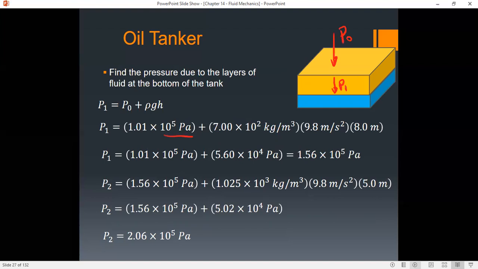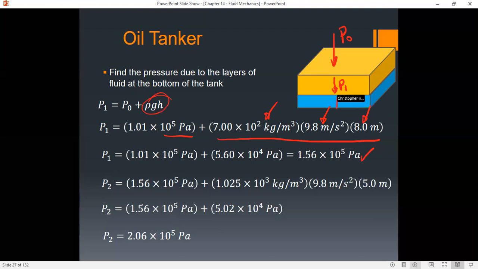That is from the weight of the oil, okay? Here's the density of the oil. Here's the acceleration of gravity, okay? Here is the thickness here, okay? Just solving that part right here. So that gives us that P1 is equal to 1.56 times 10 to the 5 pascals.